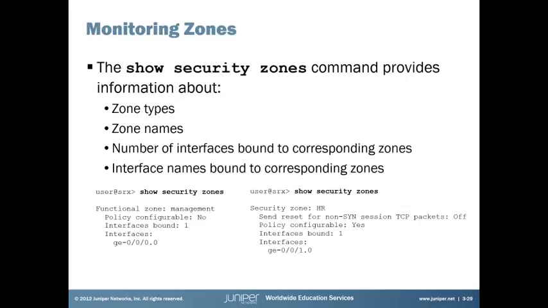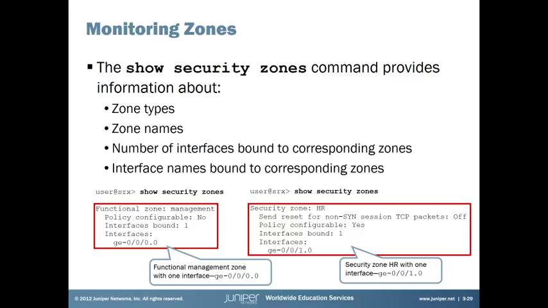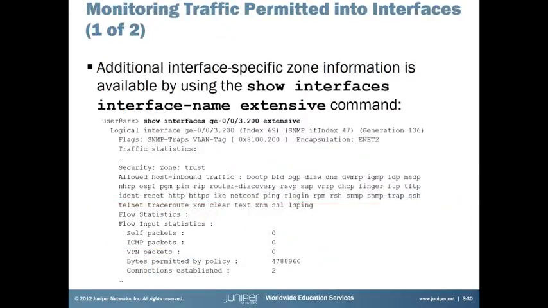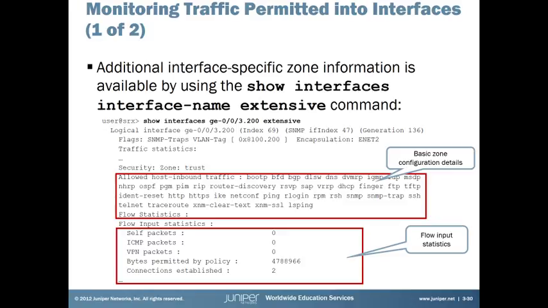Okay, so we can monitor the security and do a show security zones, and we can take a look at the zones and the interfaces that are in them. We can also take a look at what traffic is permitted into the zones. So we can do a show interfaces extensive.